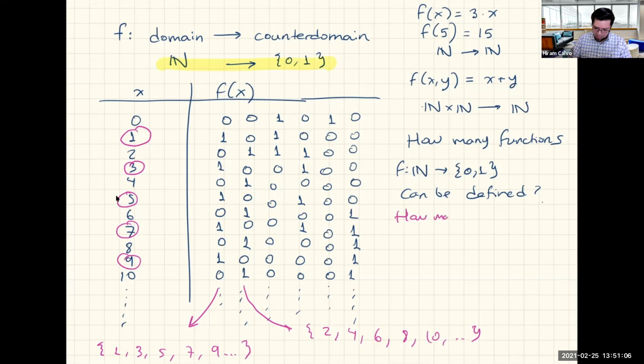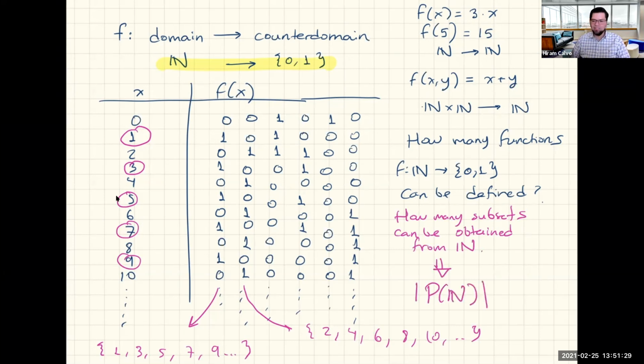How many subsets can be obtained from N? And today we have seen a way to calculate this, because this is exactly the same question as what is the cardinality of the power set of N. It's exactly the same question.